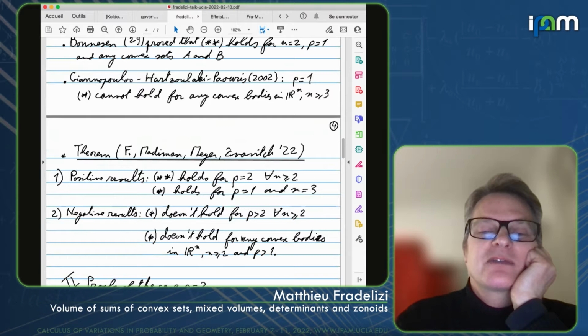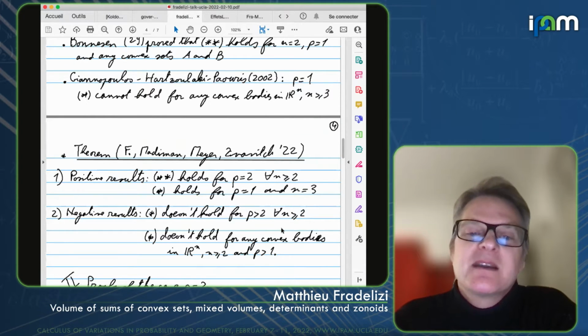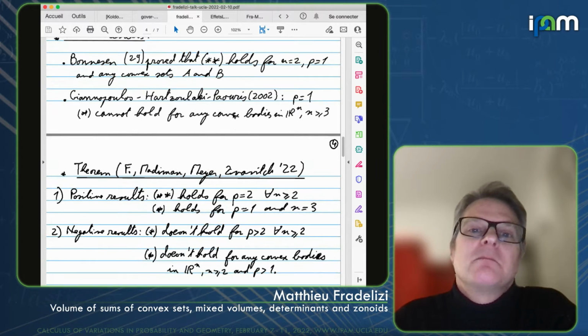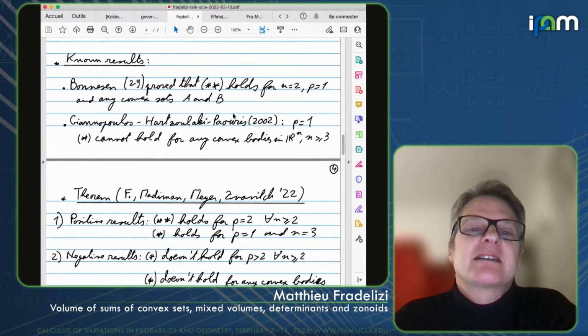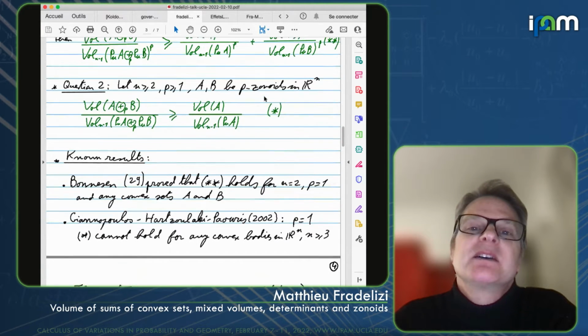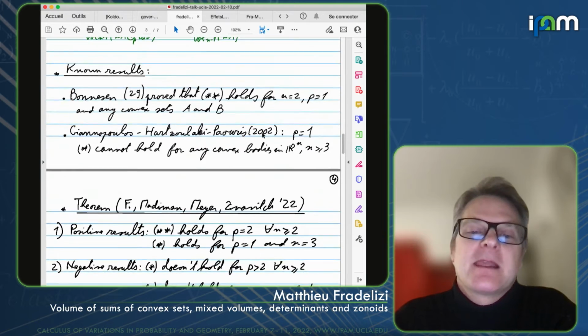So the case p strictly larger than 1 is different from Bonnesen. Bonnesen was true for any convex sets in the plane, and for p equals 1 this inequality holds for any convex set. Even in the plane, for p strictly larger than 1, it does not hold for any convex set, for the second, weaker inequality.